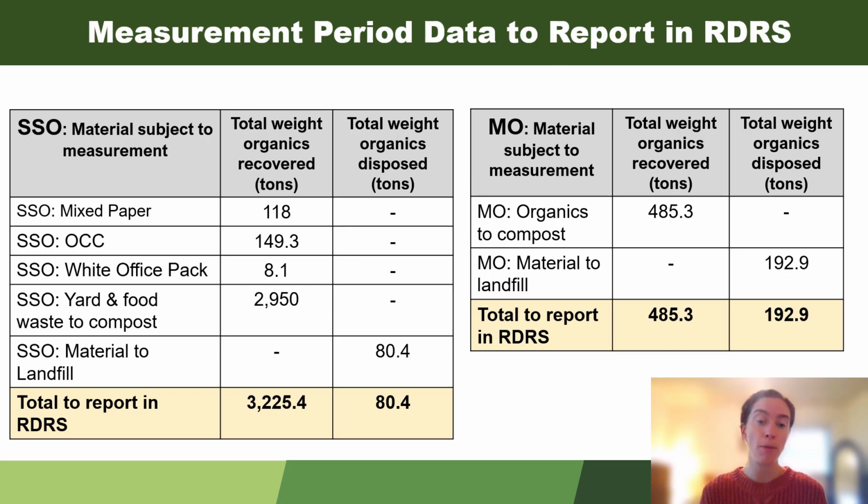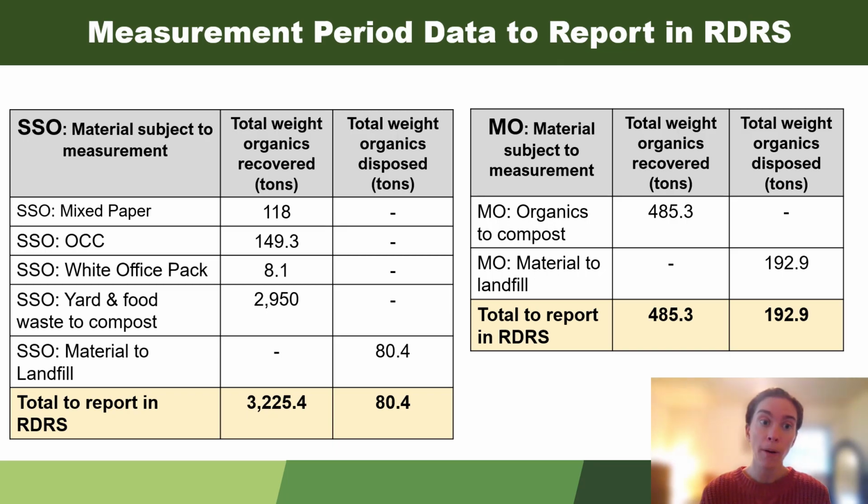For SSO and MO material that was sent to disposal, we have calculated the total weight of organics disposed in our 10-day period. We walked through this process with the MO disposal stream, and we calculated that 192.9 tons of organics are destined for disposal. That's what we're going to report in RDRS.